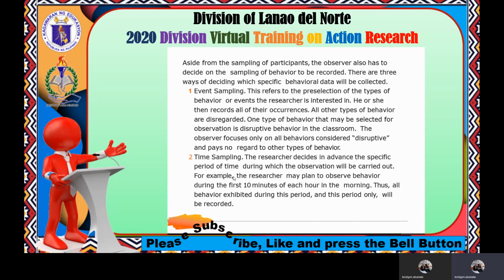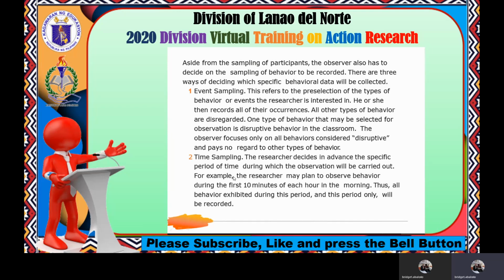Like for example, the researcher may plan to observe behavior during the first 10 minutes of each hour in the morning. Thus, all the behavior exhibited during this period and this period only will be recorded. Kana ra gyud ang imong i-record. Kana ra gyud ang imong ipang-record nga mga behavior.